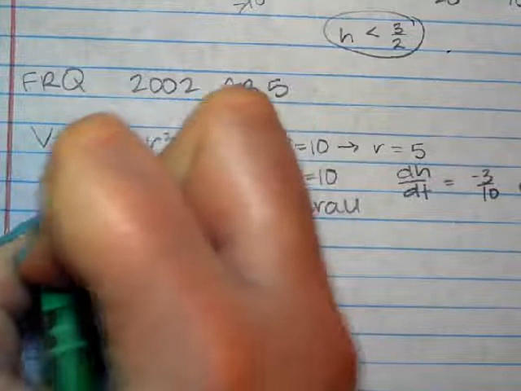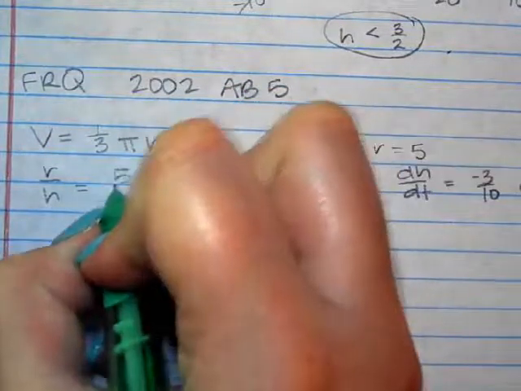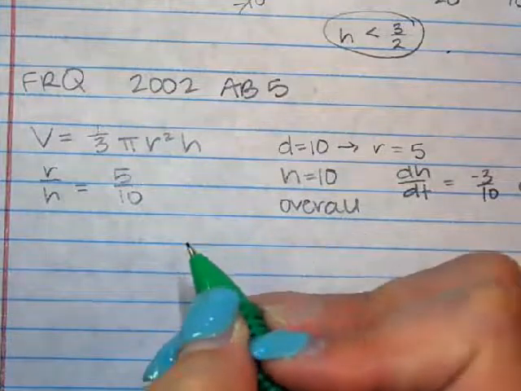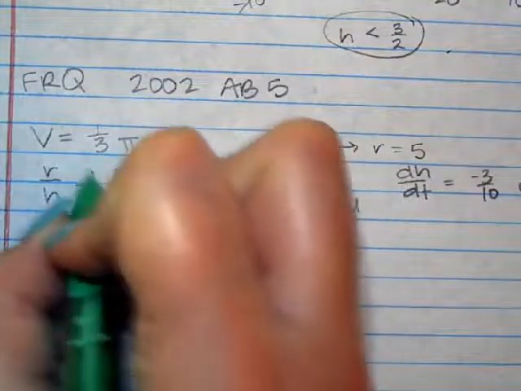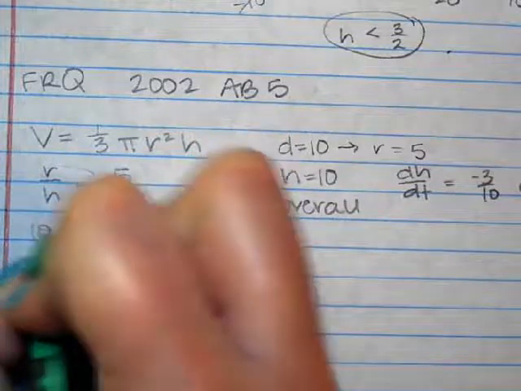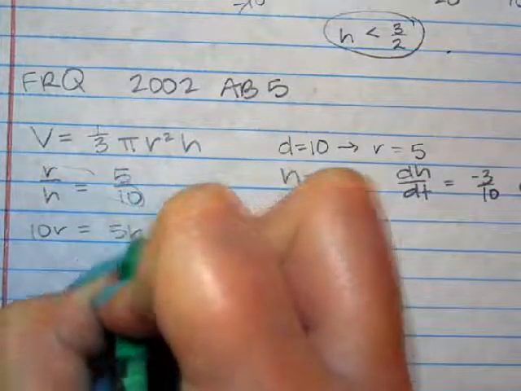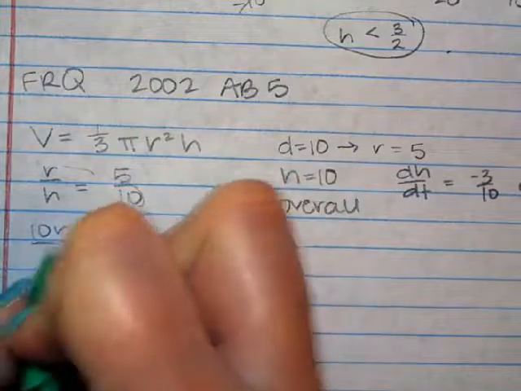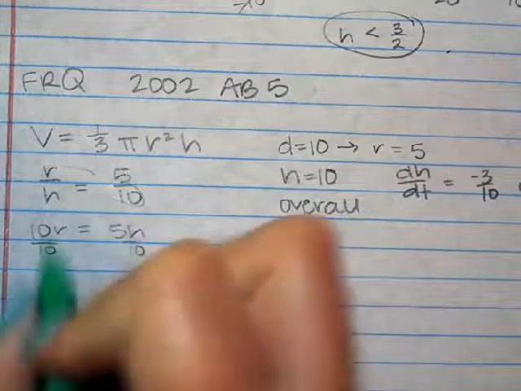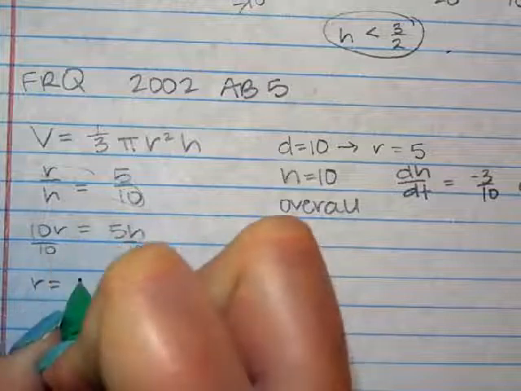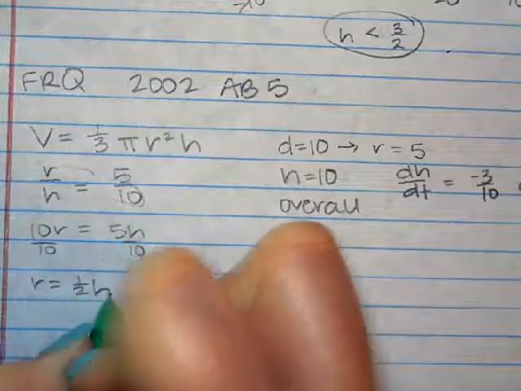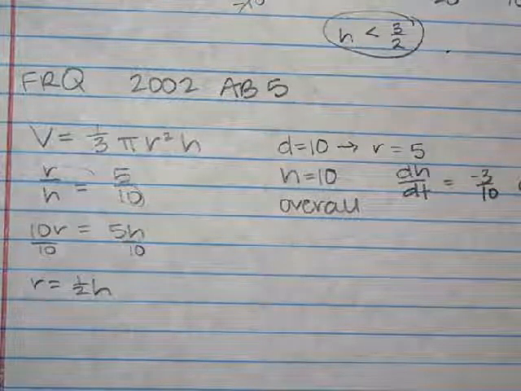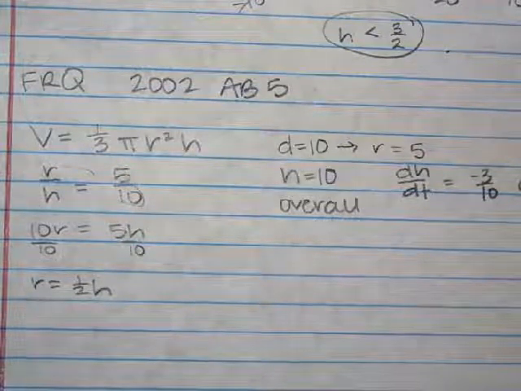Okay, so what are we going to do now? We're going to cross multiply: 10R equals 5H. And what is our clue that we needed to do this in the problem?